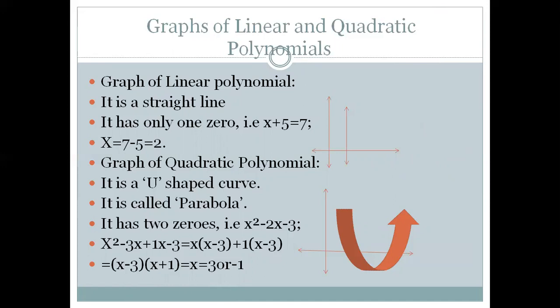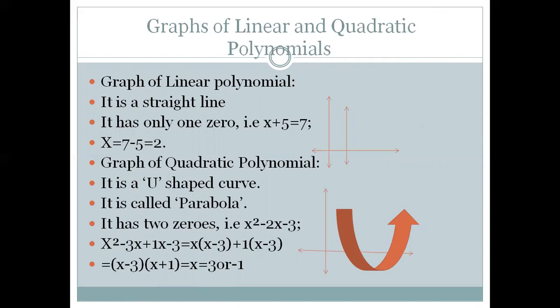If you solve this, x is equal to 7 minus 5, which is 2. So x is equal to 2 means on positive direction on x-axis, you will mark a point on x-axis at 2 and you draw a straight line through the 2. That line represents x plus 5 is equal to 7. That means the graph of the linear polynomial is always a straight line.